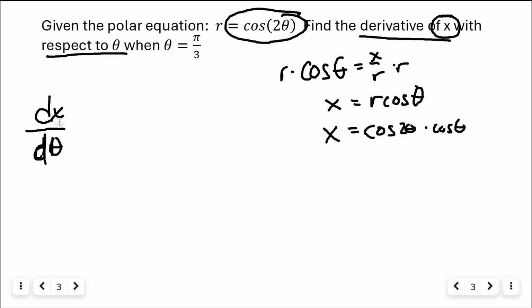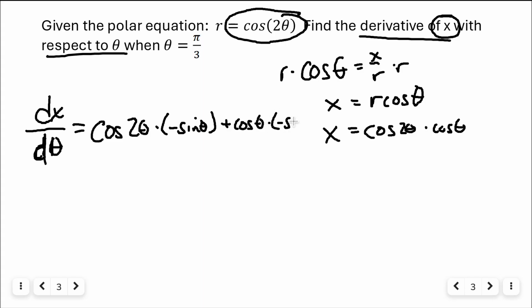So I can find the derivative of x with respect to theta with the product rule. I'll leave the cosine 2 theta there. The derivative of cosine theta is negative sine theta, plus leave cosine theta. The derivative of cosine 2 theta is negative sine 2 theta times 2.